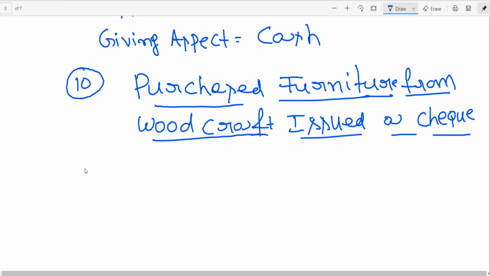Issued a check. That means, is it a credit transaction or not? No, not a cash credit transaction, because you are making payment by issuing a check.